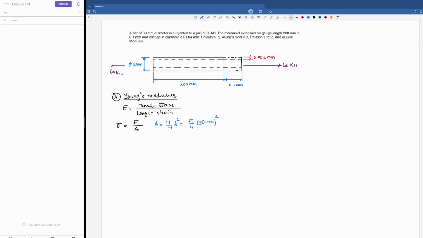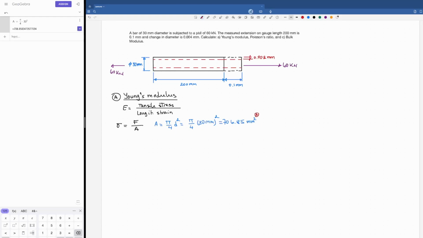Now, if I take the calculator, let's call it A. It's going to be equal to pi divided by 4 times 30 squared, which is 706.85 square millimeters.